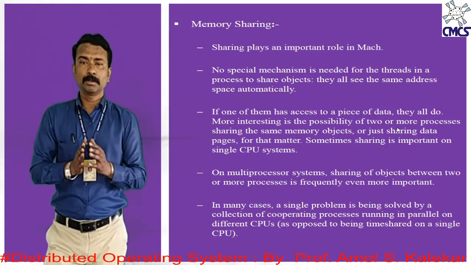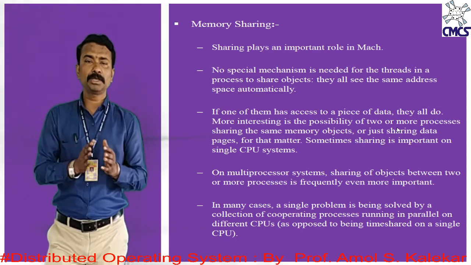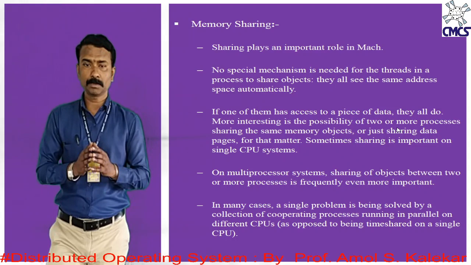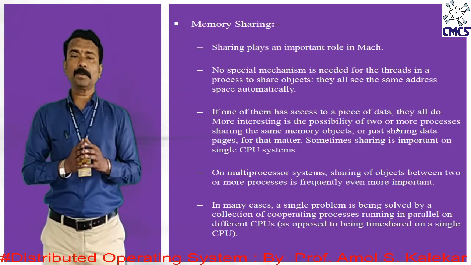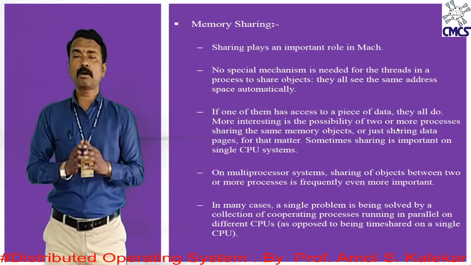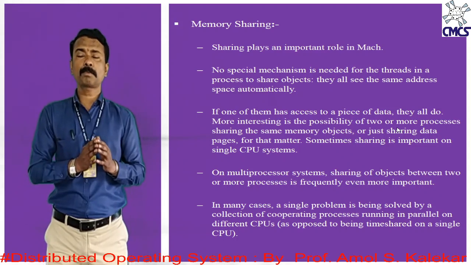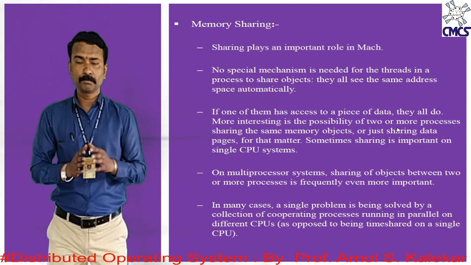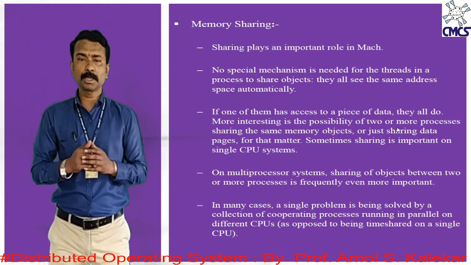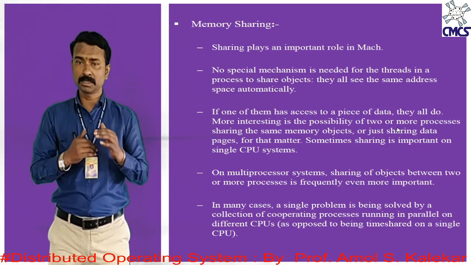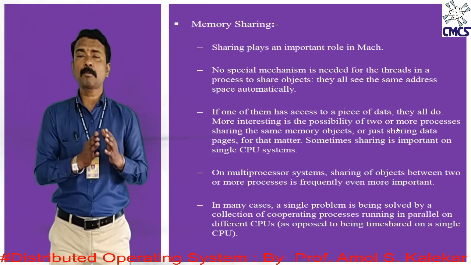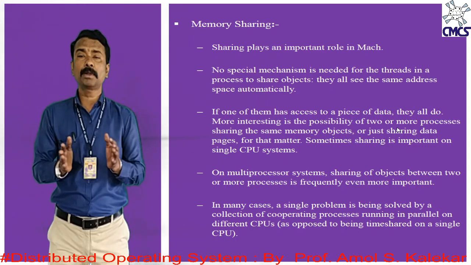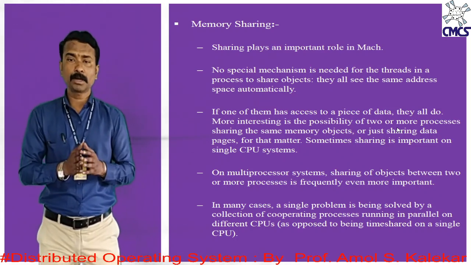Sometimes sharing is important on a single CPU system, whereas on multiprocessor systems, sharing of objects between two or more processes is frequently even more important. In most cases, a single problem is being solved by a collection of cooperating processes running in parallel on different CPUs or on different machines.